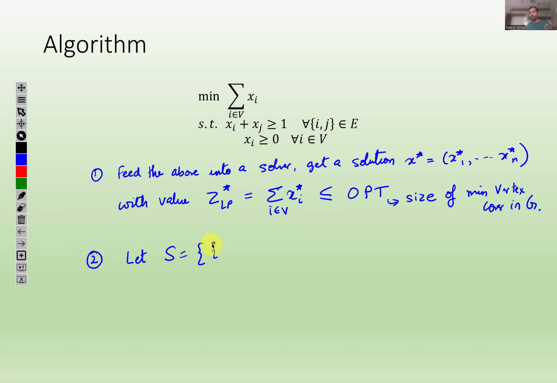I would have expected that. But the optimal is not that. It's giving me something else. It's giving these fractional values. So what I think is, well, it may not be exactly 1 or 0, but if the value is large, maybe it should be in the set. So I take the set of vertices such that xi star is greater than or equal to half.